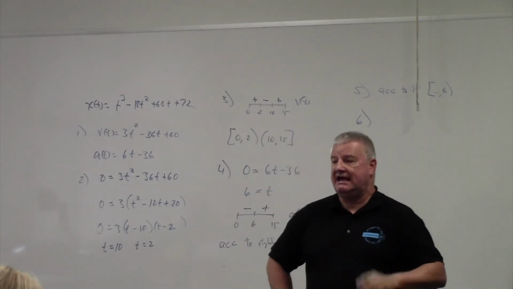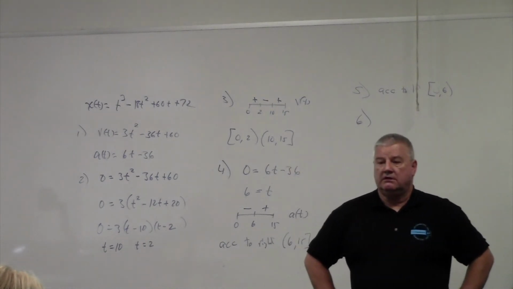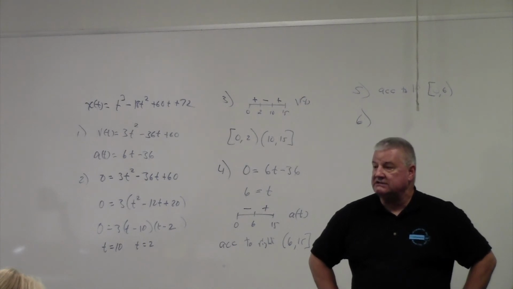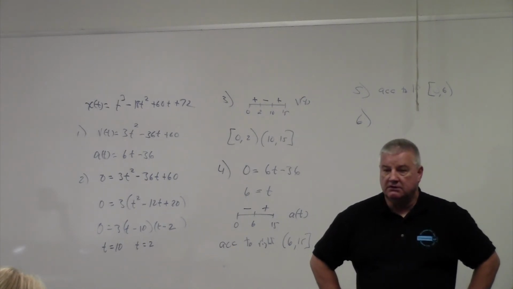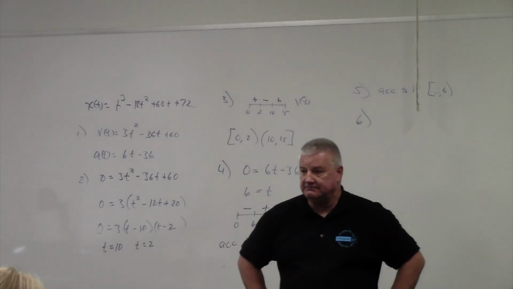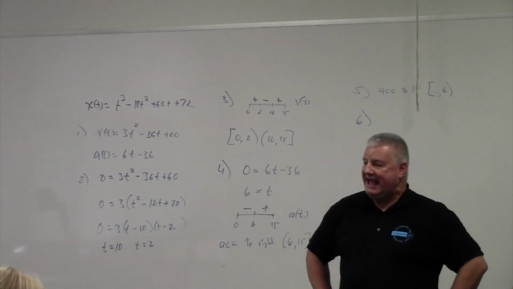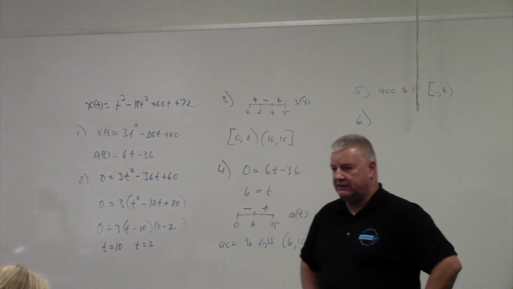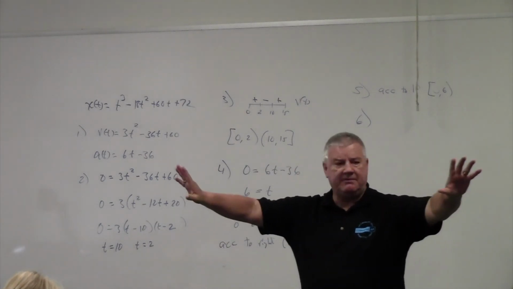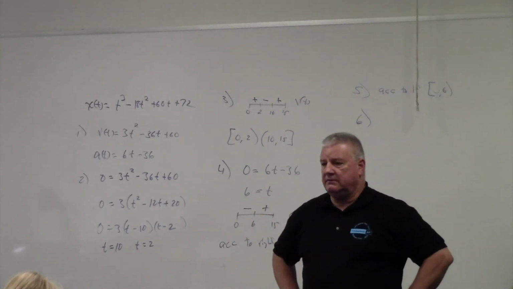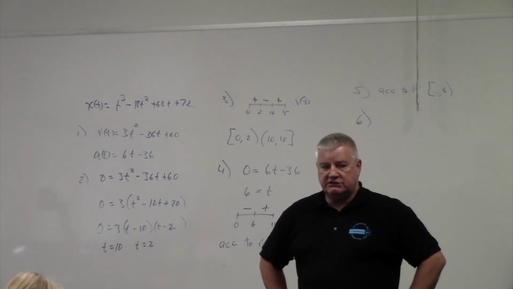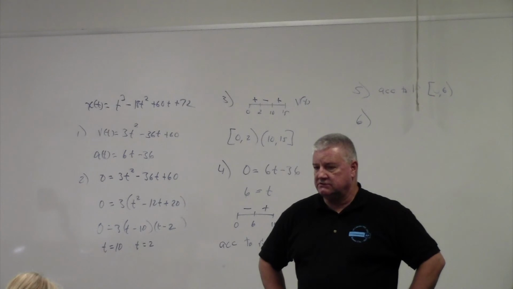Is that the only time that the trailer is slowing down? When Wayne is trying to stop. Got it? Can we answer those two without the calculus? Think we can? Let everybody have a few seconds. Think about this. When is the trailer slowing down?